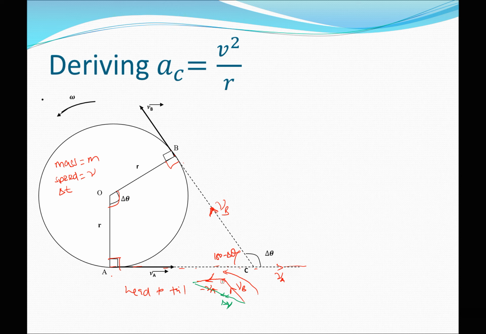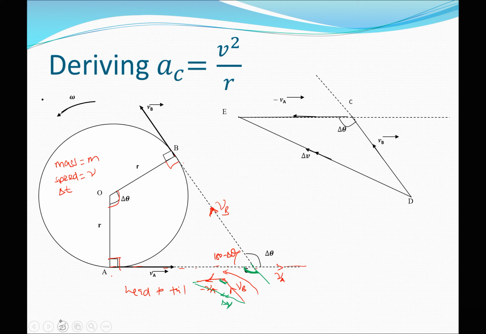So this angle here is the same as, if I take this down, this angle here, which is delta theta. So this angle is delta theta. Therefore, I will come up with a simple diagram like that. So I have reversed the vector which was to the right, which is VA, and is now in this direction.